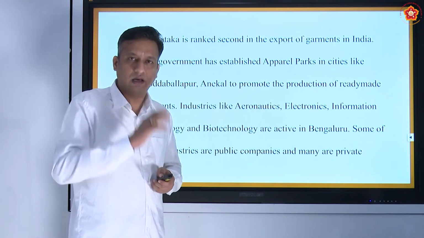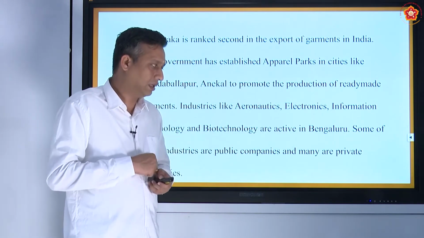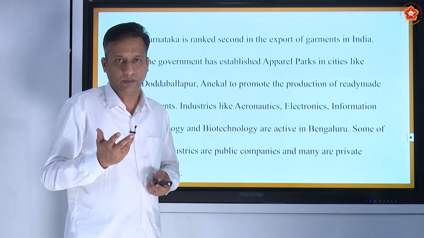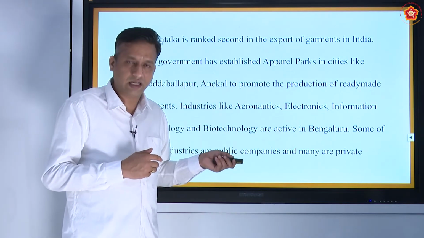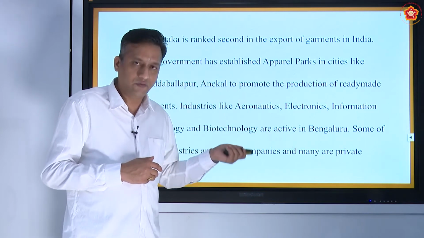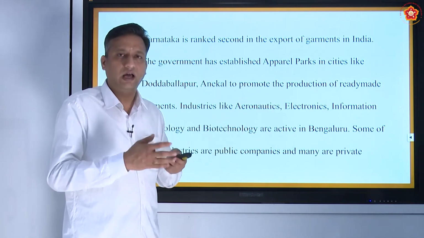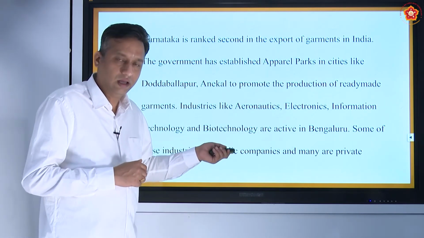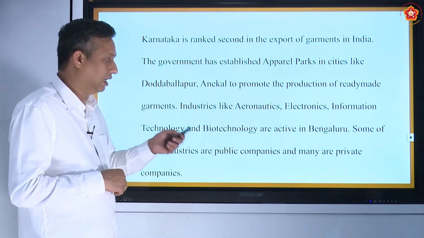Examples are BHEL, Bharat Heavy Electricals, BEL, Bharat Electronics Limited, and HAL, Hindustan Aeronautics Limited. These are all under the control of the government. And there are companies like Tata Consultancy, Infosys, Biocon and others under private ownership. So we have both government owned companies and private owned companies in Bangalore.